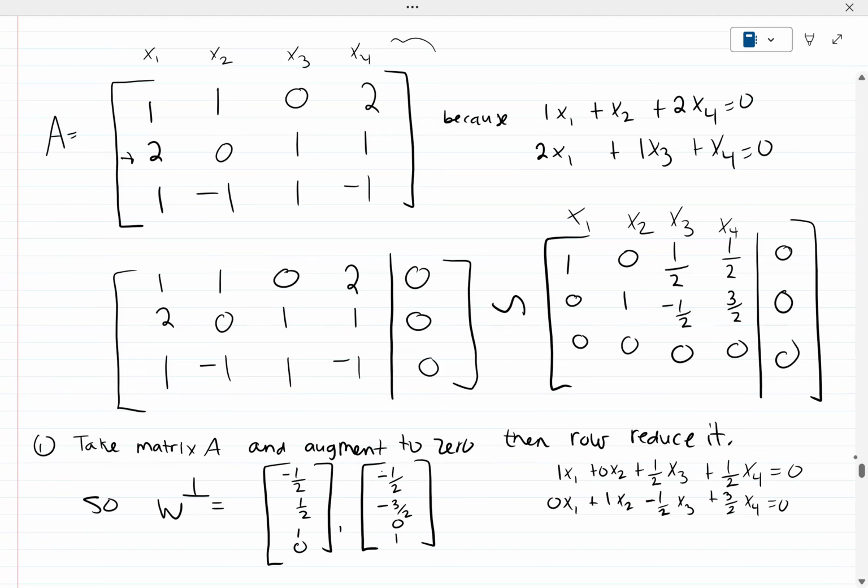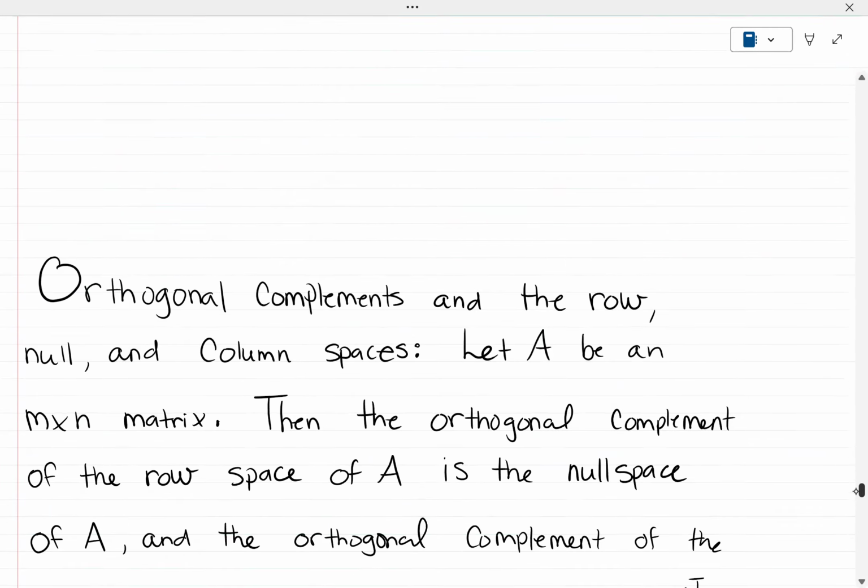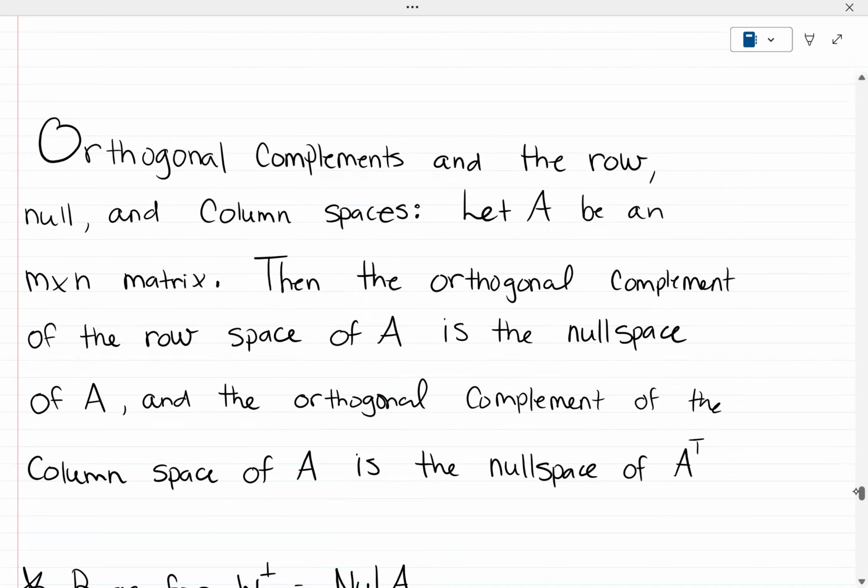Okay, so let's talk about more definitions. Continuation on orthogonal complements. Orthogonal complements and the row, null and the column space. Let A be an m by n matrix. Then the orthogonal complement of the row space of A is the null space of A, and the orthogonal complement of the column space of A is the null space of A transpose.